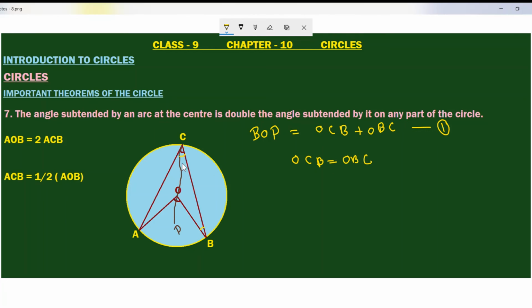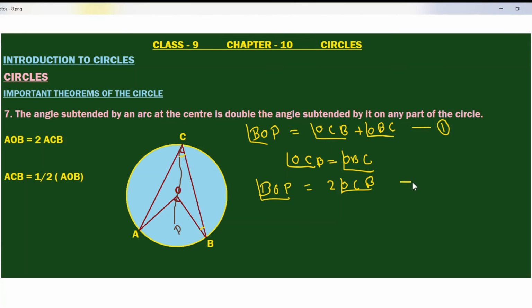Here, the sum of these two angles is the exterior angle of this triangle. So we can write here, instead of OBC, we can write OCB. So if we write OCB there, I will get BOP is equivalent to 2OCB, because I am going to write OCB instead of OBC. Got it? Because these two angles are equal. So this is our second equation.